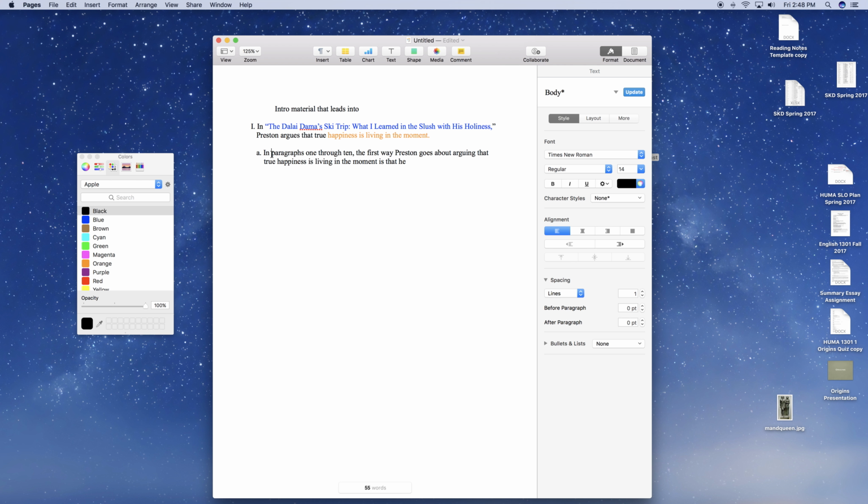So what we want to do is just stick with the paragraph, just name the paragraphs, right? That's all we need to do. There are other ways of going about doing this, but this is tested. This works. All right, paragraphs 1 through 10, by definition, since you're naming part of the essay, then that'll work, right? Paragraphs 1 through 10 are part of the Dalai Lama ski trip and so on, and you're progressing, right, from the beginning apparently to the end, right?